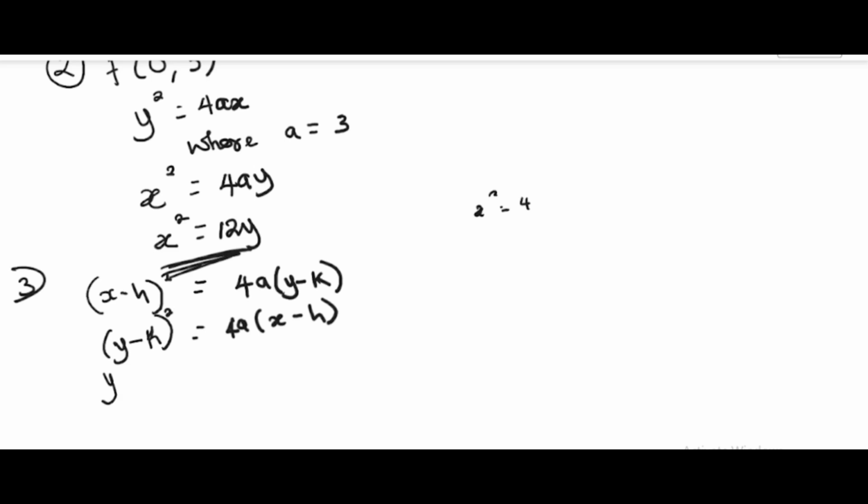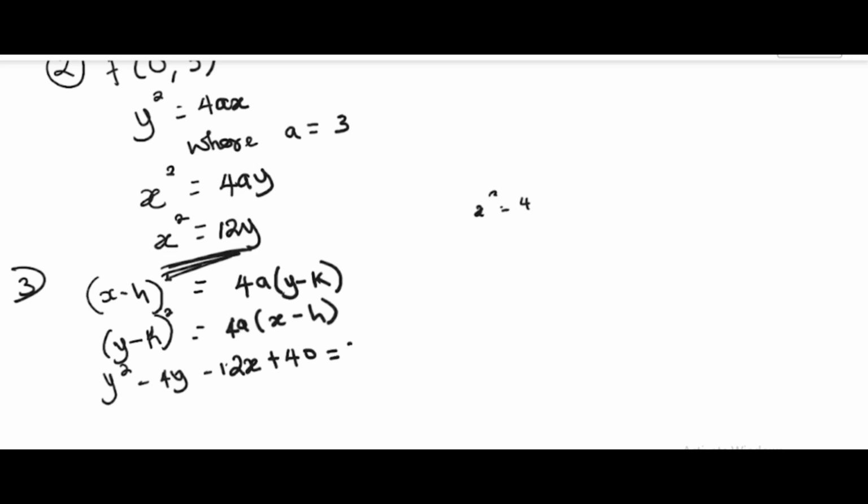We have y squared minus 4y minus 12x plus 40 is equal to 0, right?